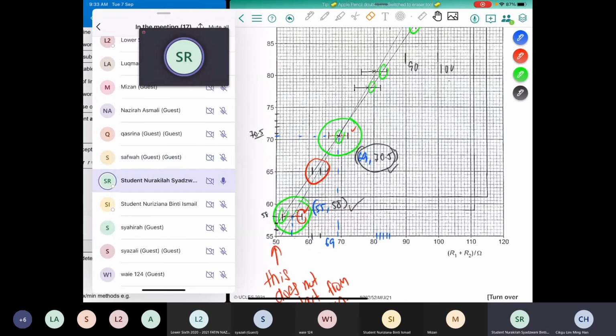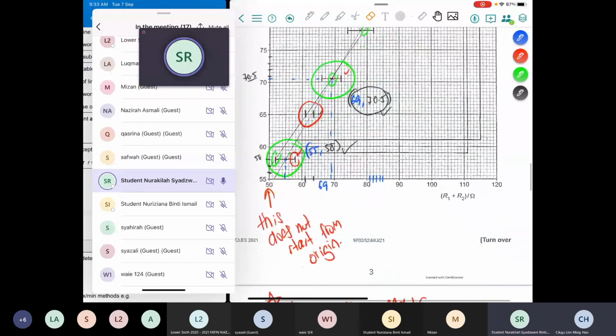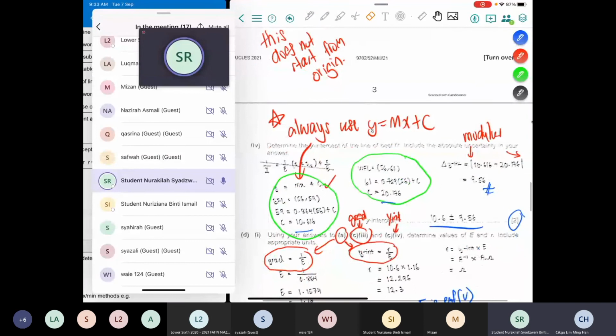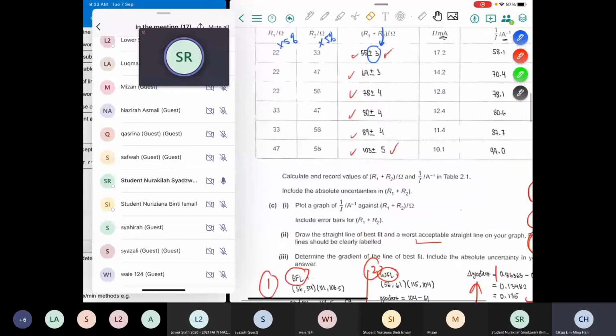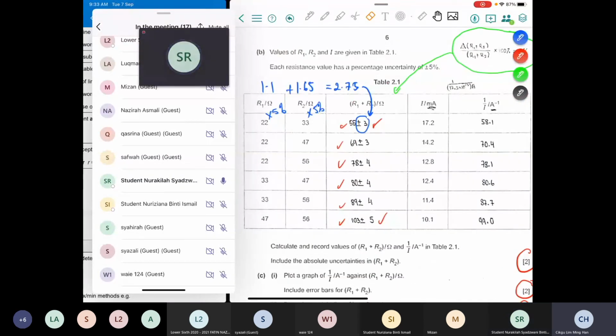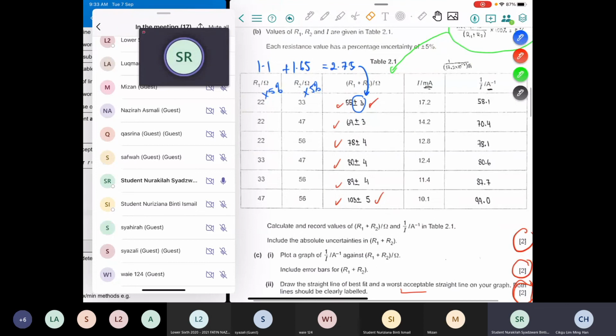The uncertainty, sir? Kila's shortcut is 55 times 5%. Another style. So you can actually do a direct 5% of 55.